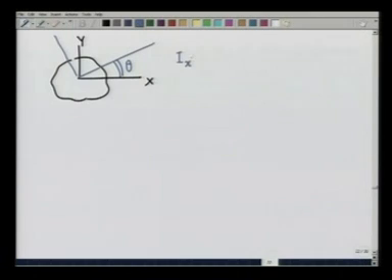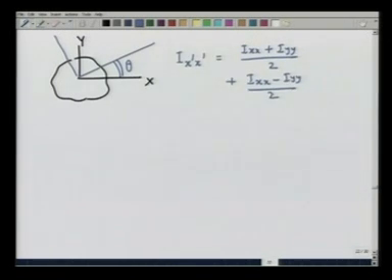I_x' is nothing but (I_xx plus I_yy) divided by 2 plus (I_xx minus I_yy) divided by 2 cosine 2 theta minus I_xy sine of 2 theta.